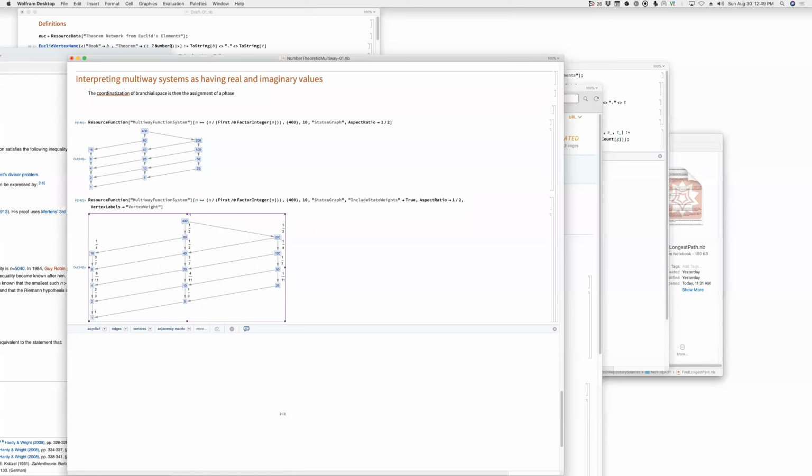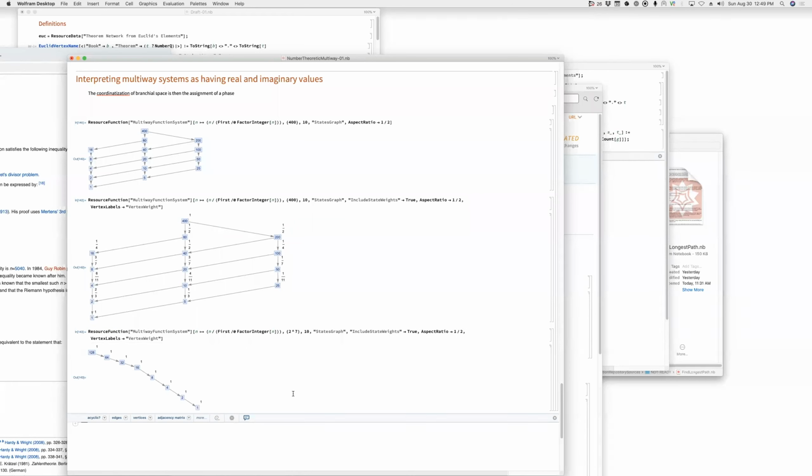Okay, so now the question is, in what sense can we coordinatize this with a phase going across this thing? So clearly, if we have, for example, 2 to the 7 or something here, totally boring, right?